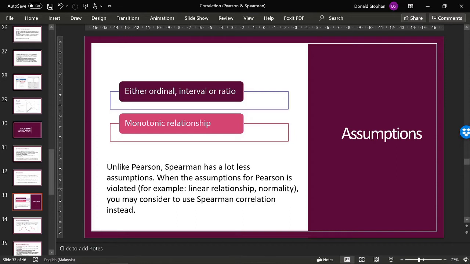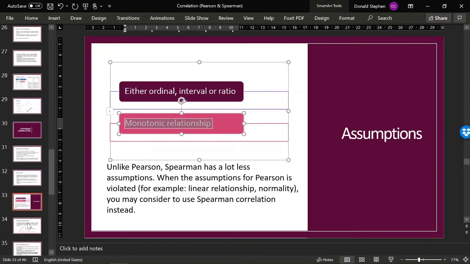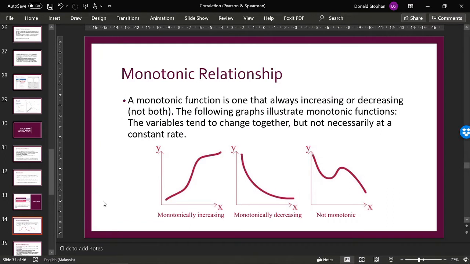I talked about this earlier, didn't I? But what is this monotonic relationship? When you see this graph, maybe it will be clearer. A monotonic graph is one that always increases or always decreases, but not both. This graph here shows some of the monotonic functions, these two only.